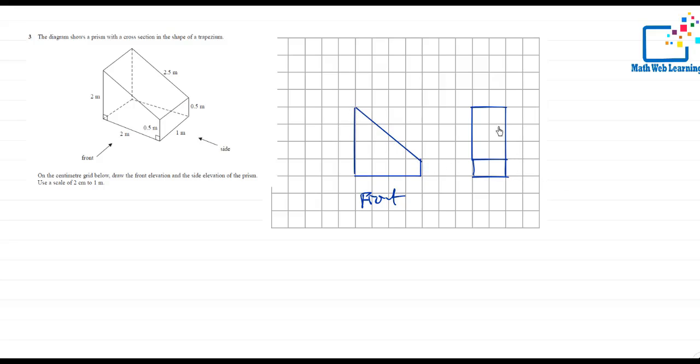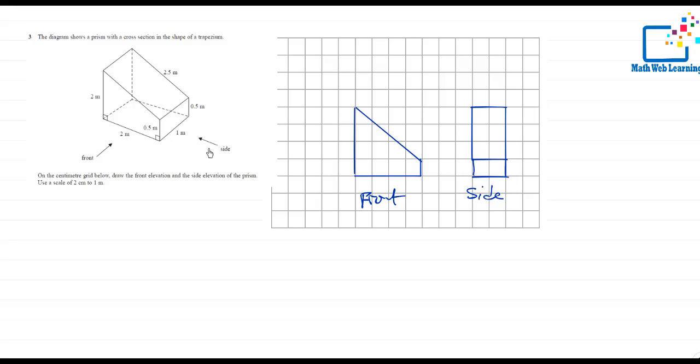Now for the side, the side is 1 meter, so therefore I need to use 2 squares, and half a meter high is represented by 1 square up.